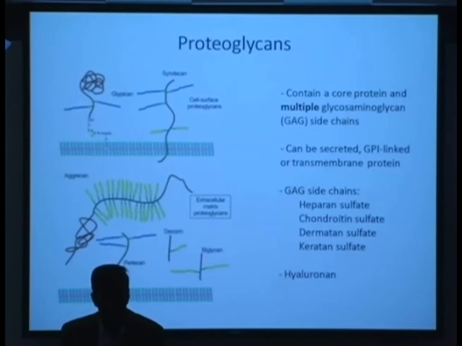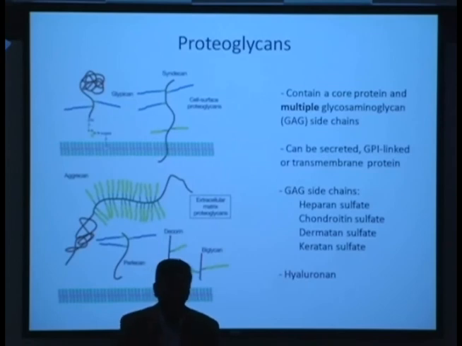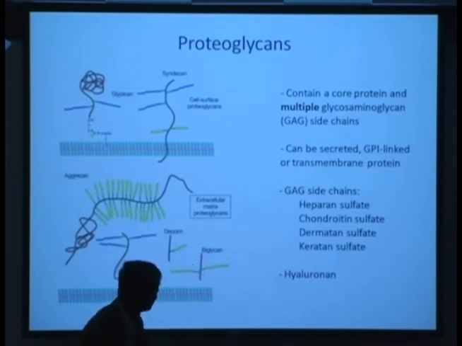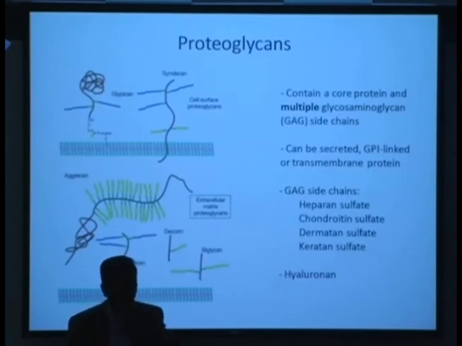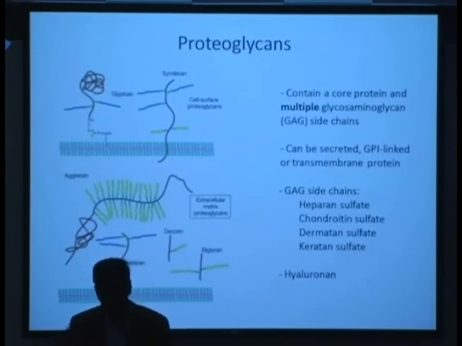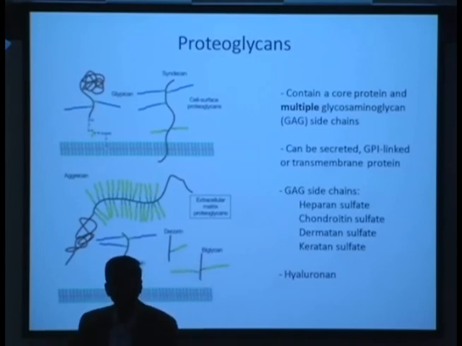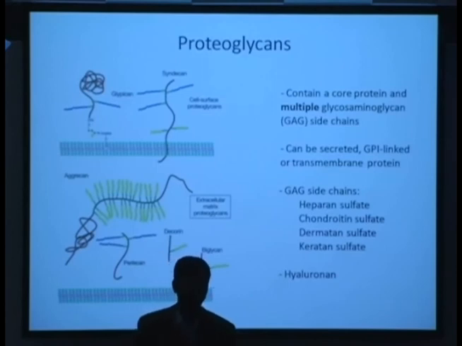That's very true. And it was also shown by Jeff Esko a number of years ago, with Lijuan Zhang when she was a graduate student. A phenomenal paper was published, two or three papers. They made synthetic peptides in which they put serine-glycine. Whenever you have the serine residue where you add the GAG attachment sites, when you have multiple serine-glycines, not one, that facilitates the formation of GAG chains.